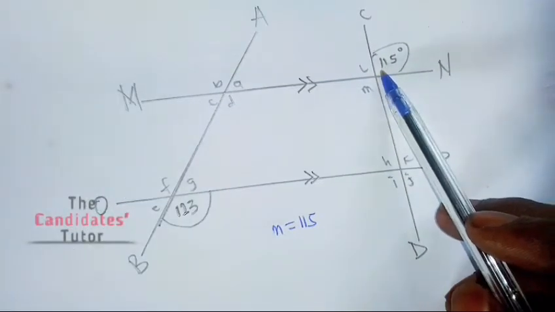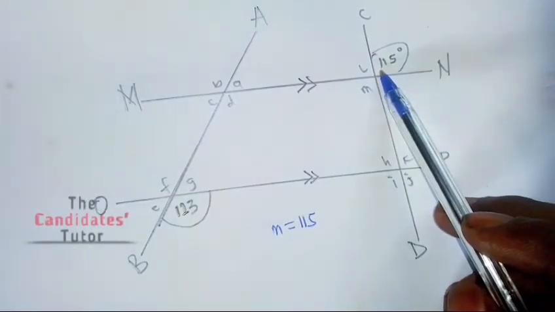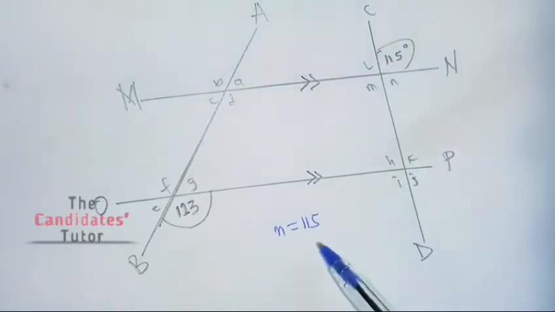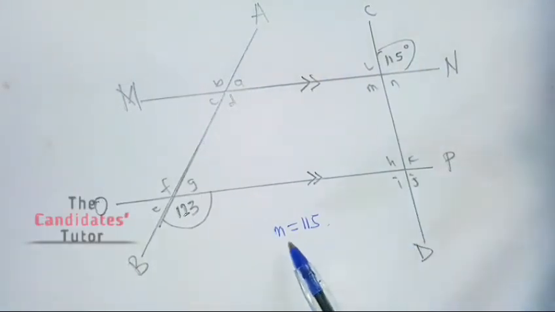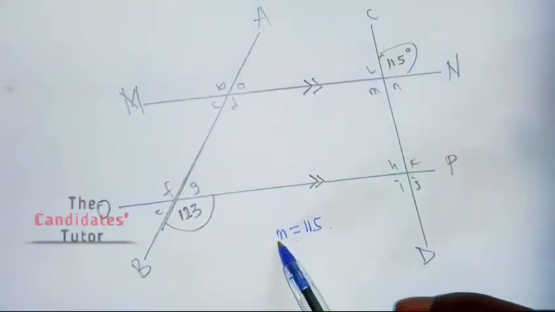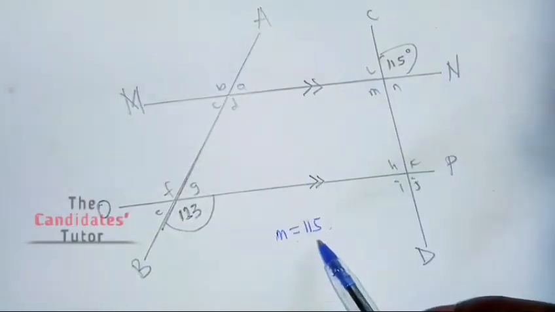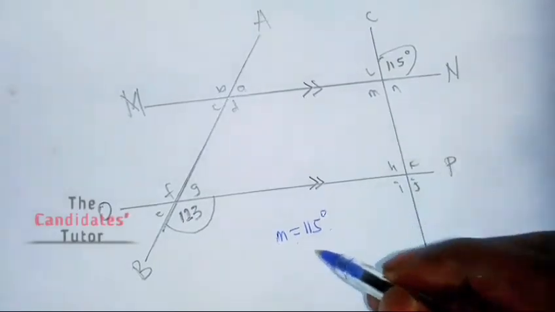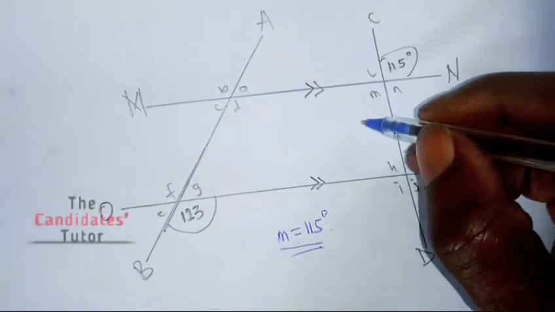When you write the angle, you must write the property attached to it. M is vertically opposite to 115, so M is also 115 degrees. Now we know this as 115.